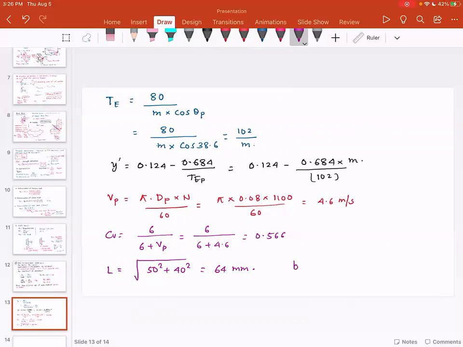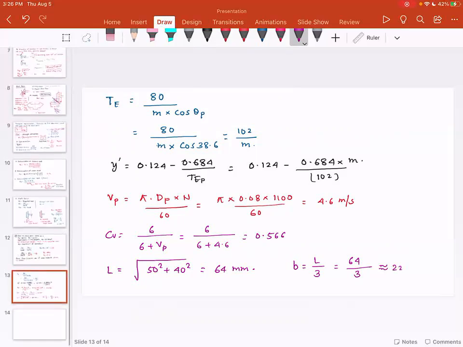We are going to use the criterion that the face width should not exceed L by 3, so at least 1/3. Which is 64 divided by 3, approximately 22. Next step.